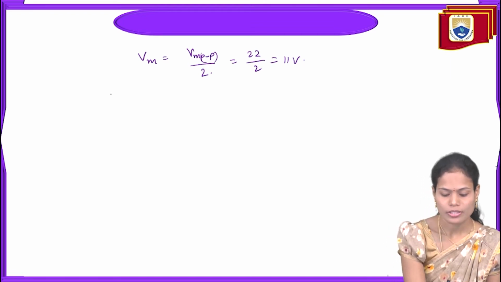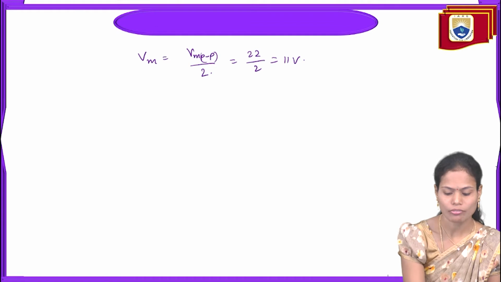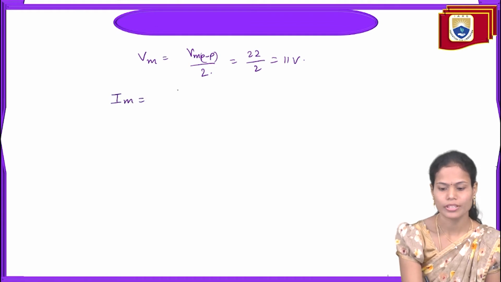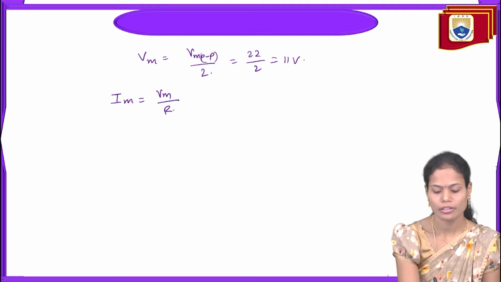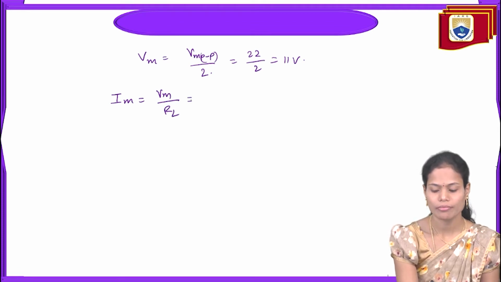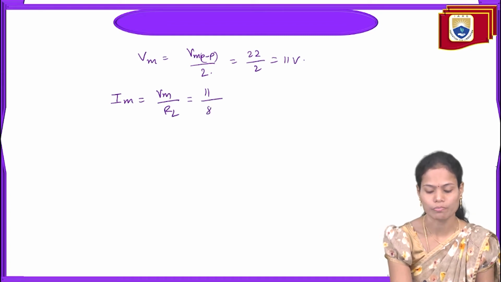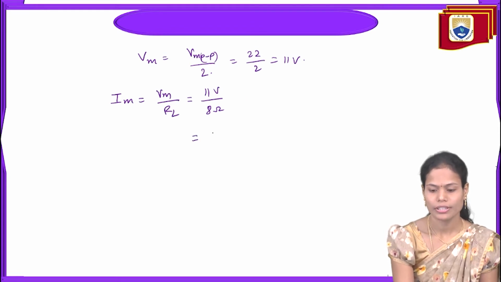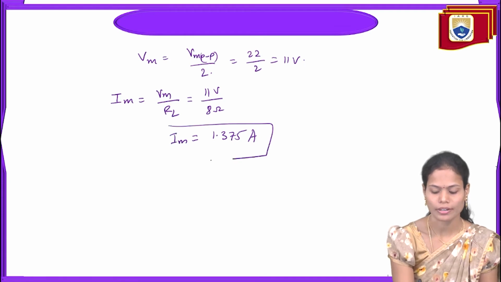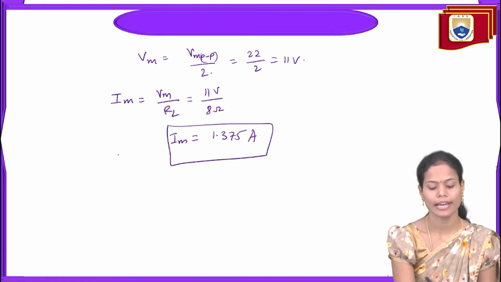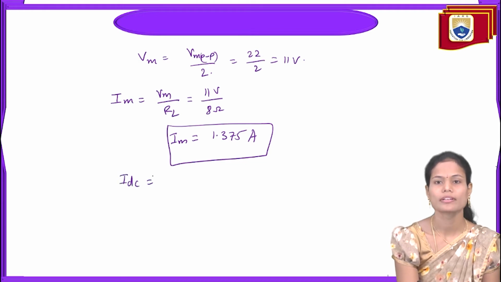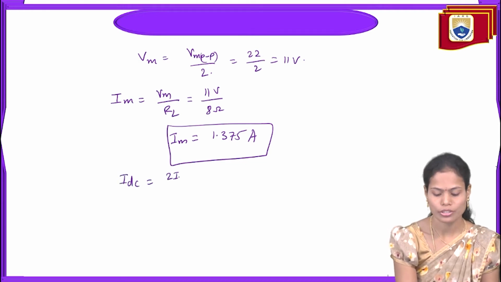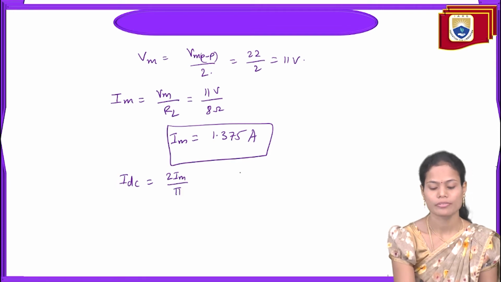From this we can calculate the maximum peak current Im, which equals Vm divided by the load resistance RL. Vm is 11 volts and RL is 8 ohms, so simplifying we get 1.375 amperes. This is the maximum current. From it we can calculate the DC current flowing in the amplifier circuit, that is, 2 times Im divided by pi. These are the formulas.